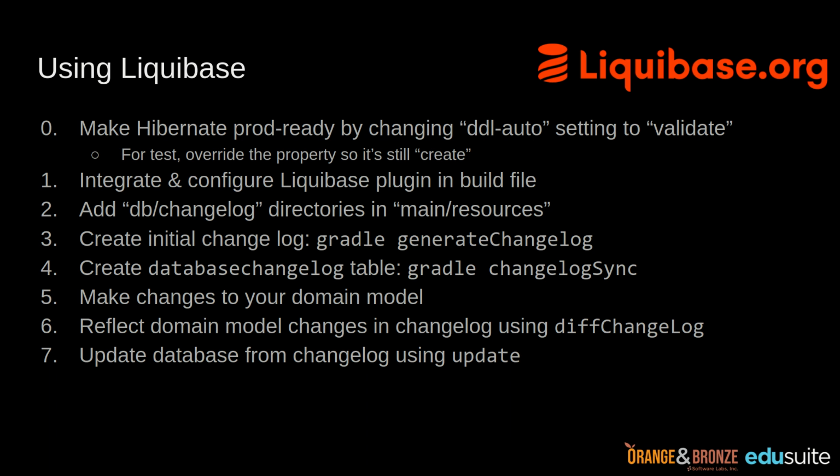Since we're using test containers, every run of each integration test has an empty database, so we need a way to generate the schema conveniently. We'll set Hibernate to continue to create the schema in the tests, but not for the prod side. That's the preparation.